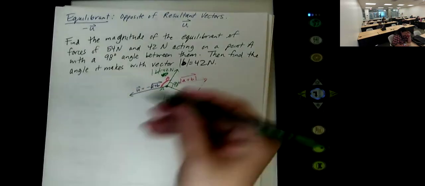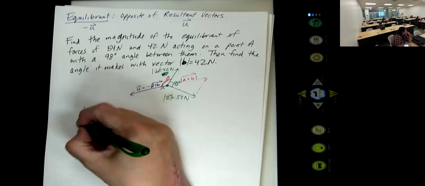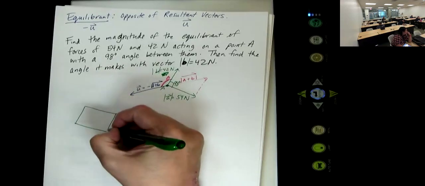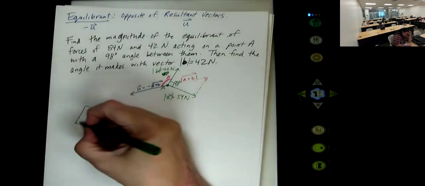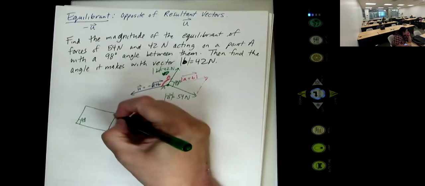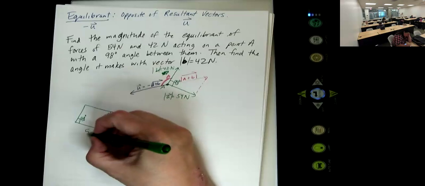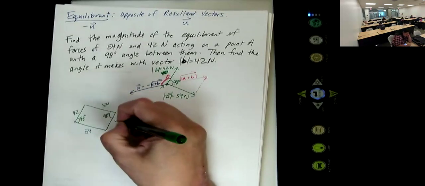Okay, so let's make that. It helps to draw the shape. So this is 98, which makes this 98. This is 54, this is 54. This is 42, this is 42.